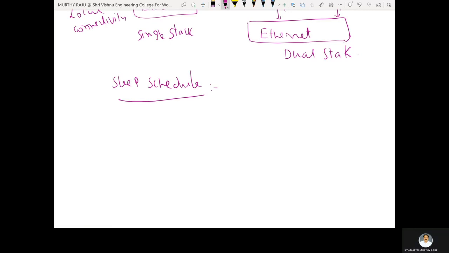Finally, there is no energy available for processing the actions. Therefore, the node is in dead mode. Sleep schedule is very, very important. Idle mode, active mode, rest mode are the important modes which are used in sleep schedules.